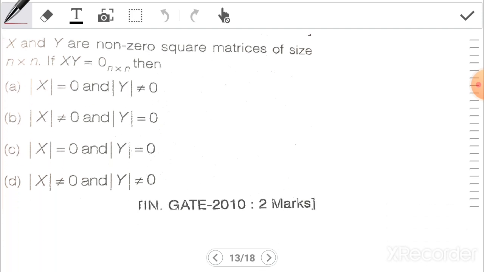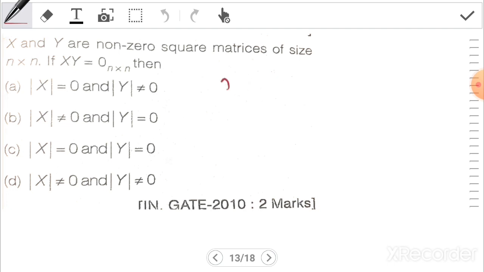X and Y are non-zero square matrices of size n cross n. If x, y is equal to 0, matrix n cross n, then. So x into y is a null matrix.